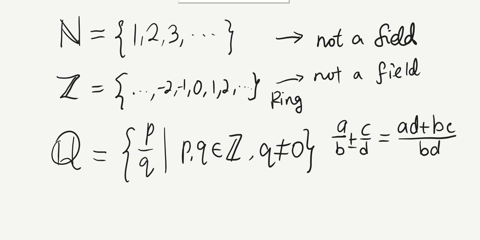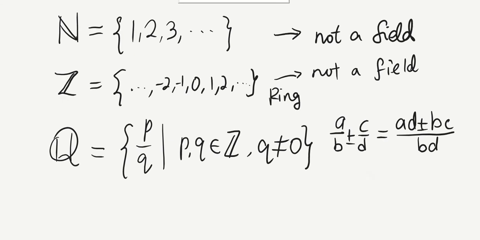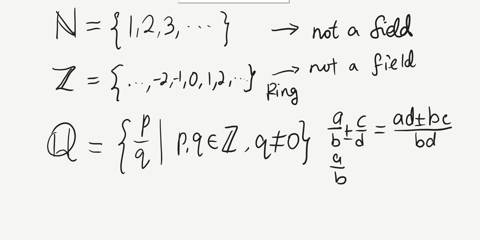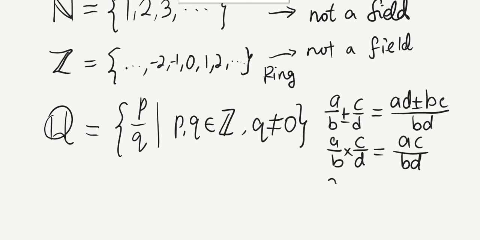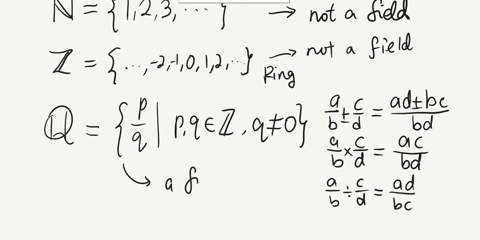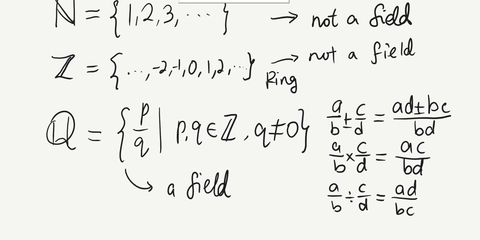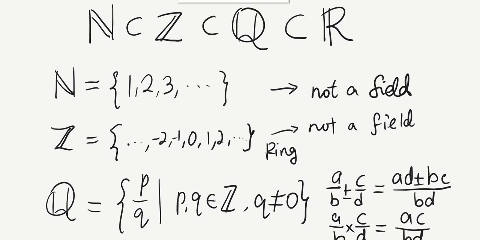And if we subtract, we also get another rational number. And for multiplication, it is closed as well because we get a rational number, AC over BD. And if we divide, that's equal to AD over BC. So Q is a field. And for similar reasons, R is also a field, which you can check.